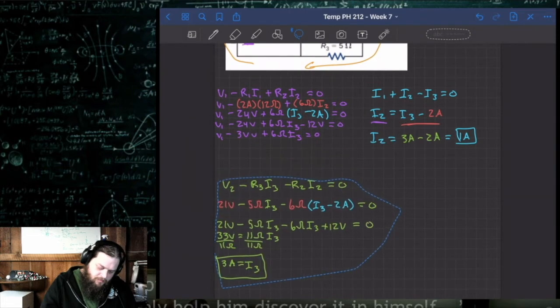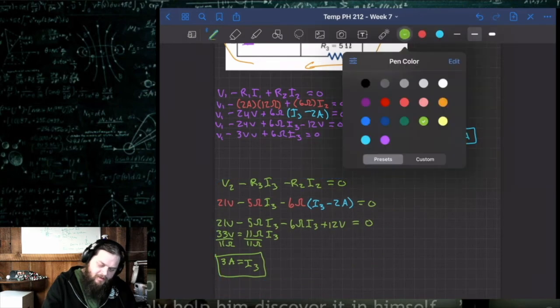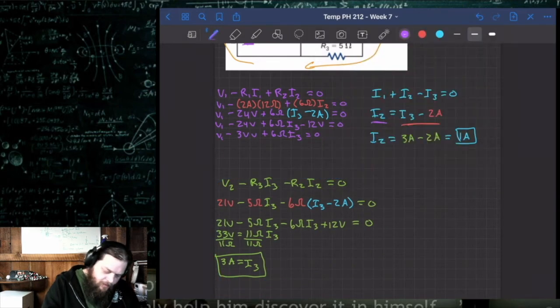Move down, give me a little bit of space. And we can see then that V1, this should be a 6. I'm going to move everything to the other side of the equation. So V1 is going to equal 36 volts plus 6 ohms times current from I3, which is 3 amps.